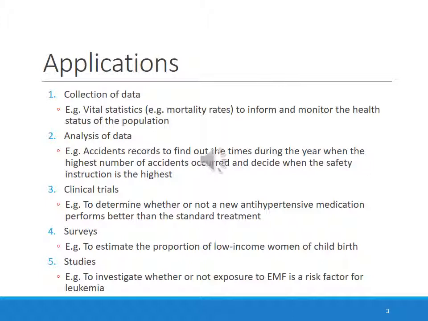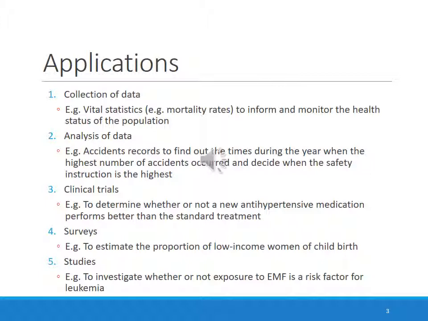Analysis of data. Example, we want to find out what time of the year road traffic accidents occur the most. We will need to look into the accident records and analyze the data to identify when these accidents happen the most to implement safety measures at a particular time.